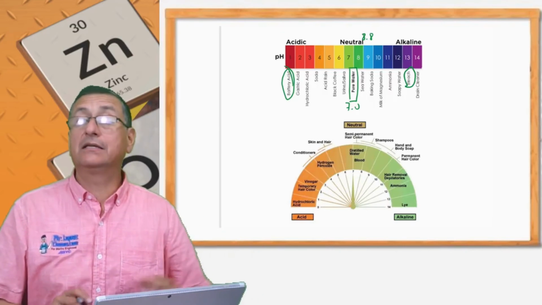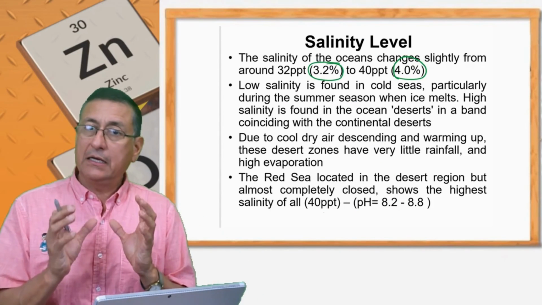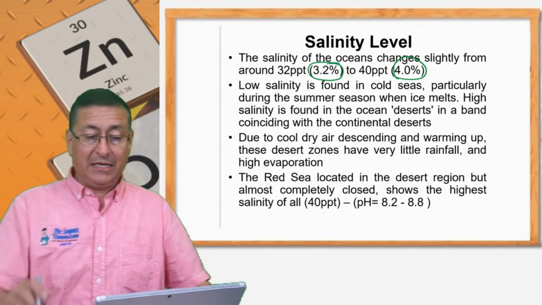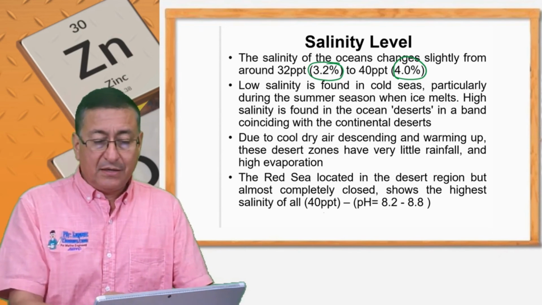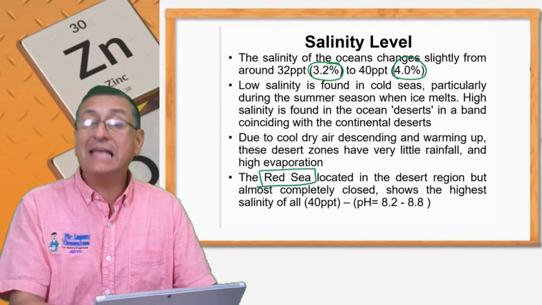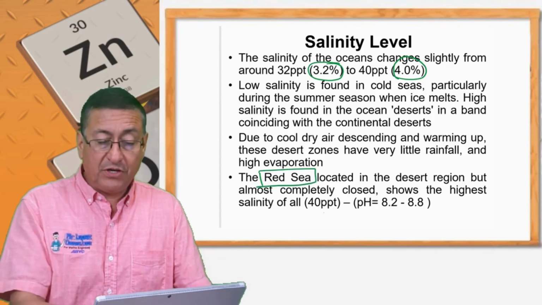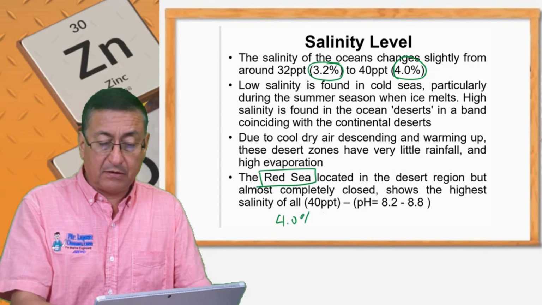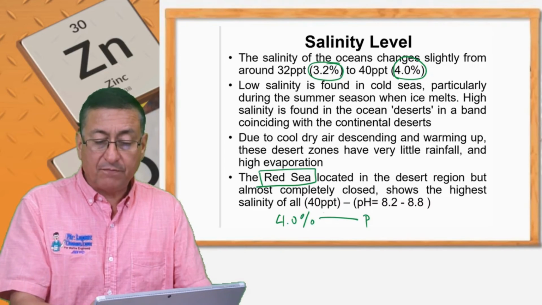Okay, my friend, you like it? This is the salinity and the alkalinity. Once again, the Red Sea with high salinity, 4.0%, the pH is 8.8.